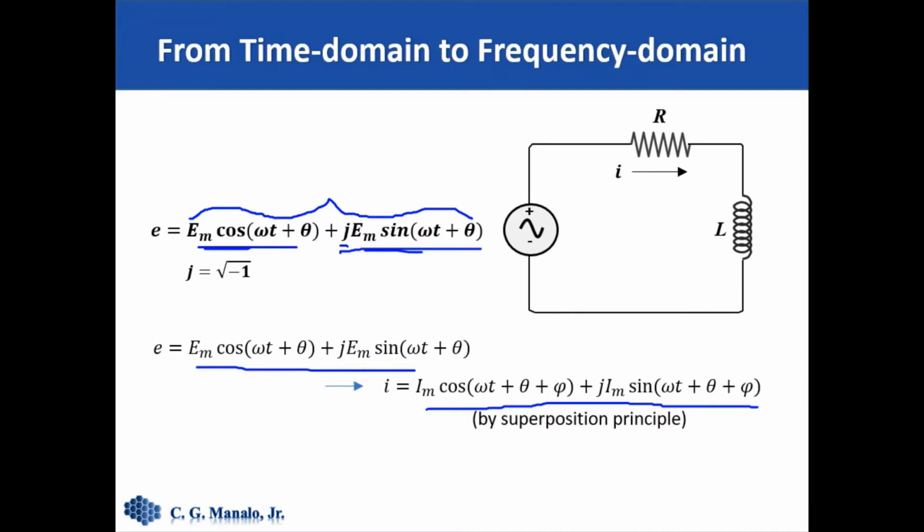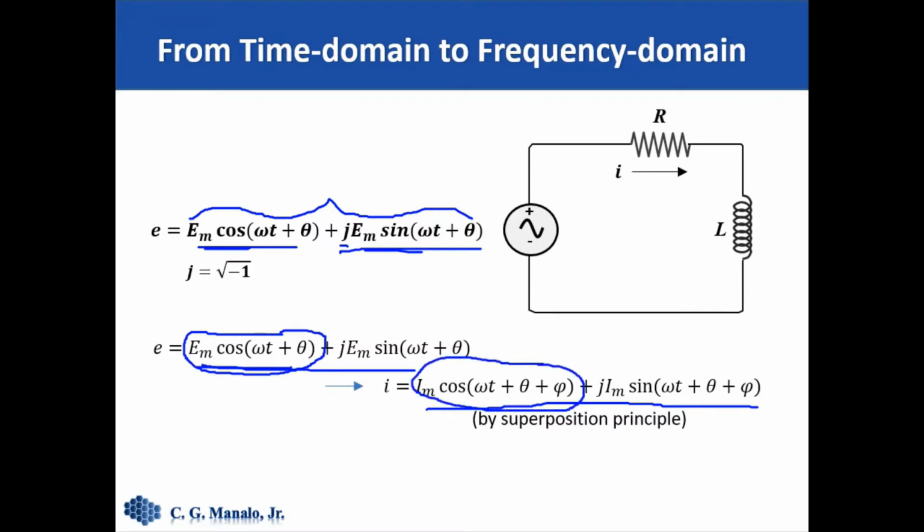By superposition principle, we know that the response is really a combination of the responses to the individual voltages applied on the circuit. So for example, if this is our voltage applied, that would give us this response.